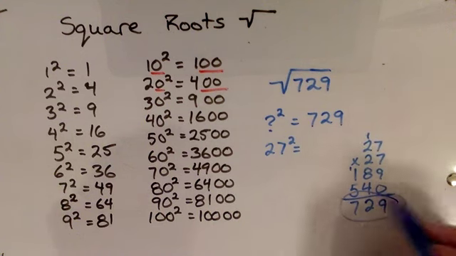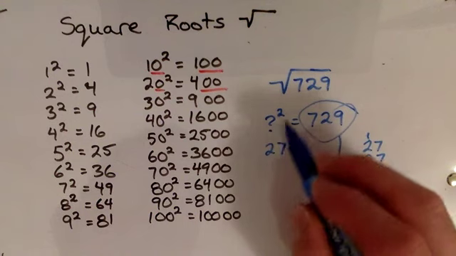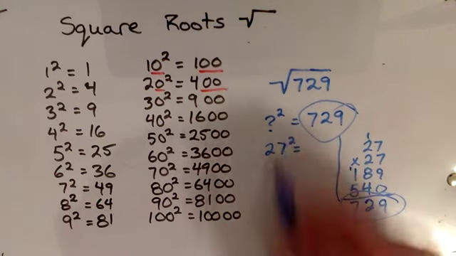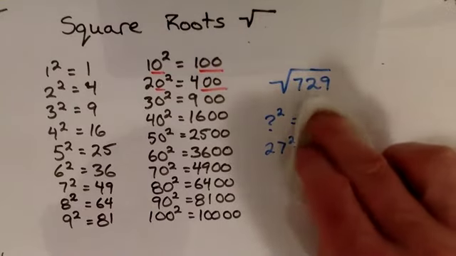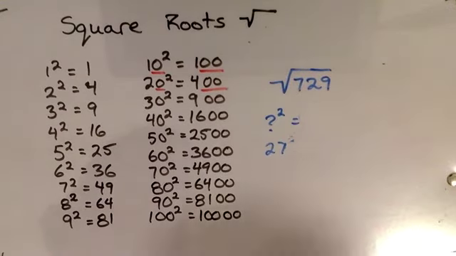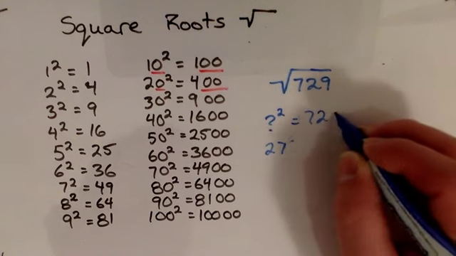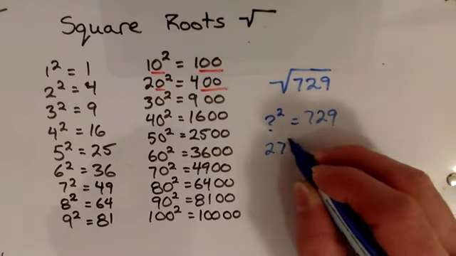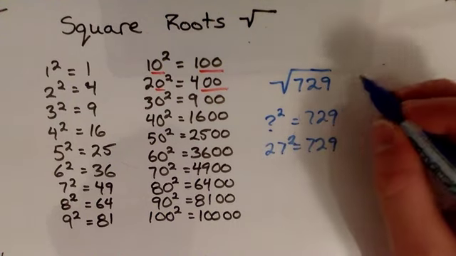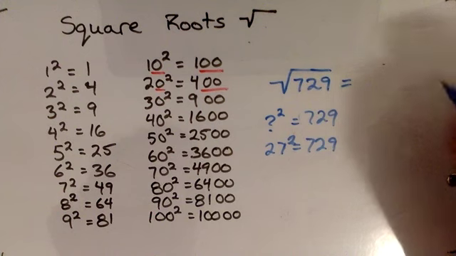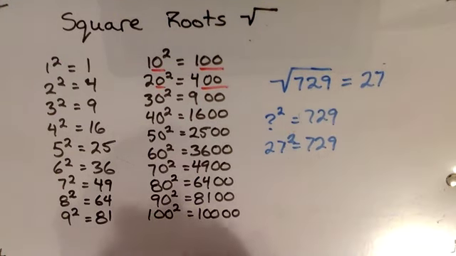Well, that number is the same as that number. So we know that the square root that we're looking for, so we had some number squared is 729, and we know that 27 squared is 729. So we know the square root of 729 must be 27.